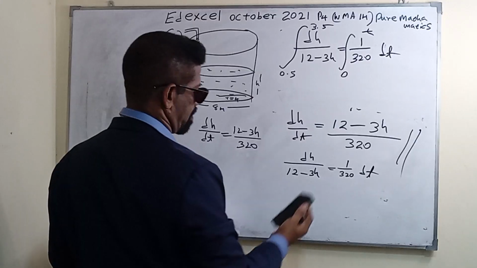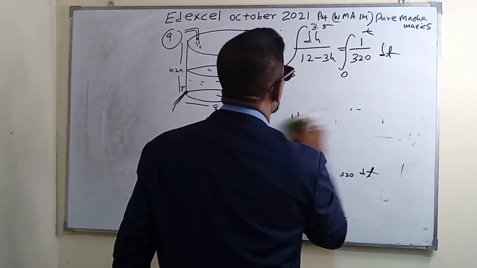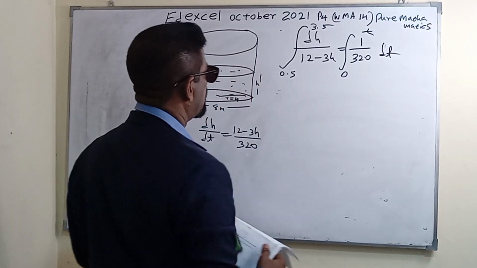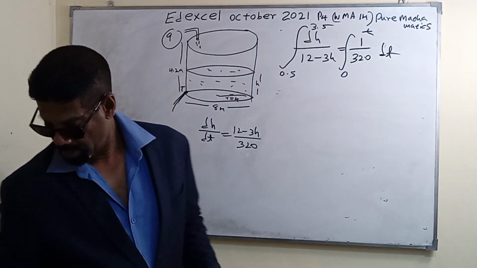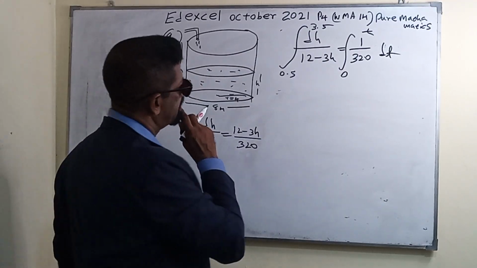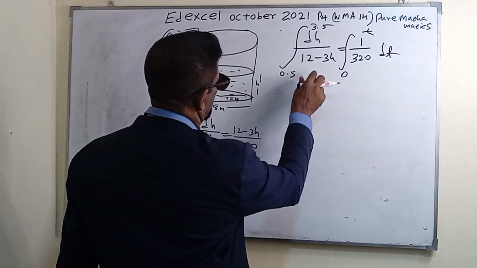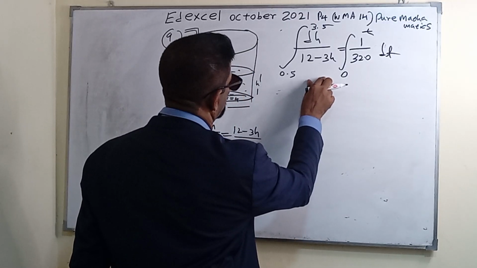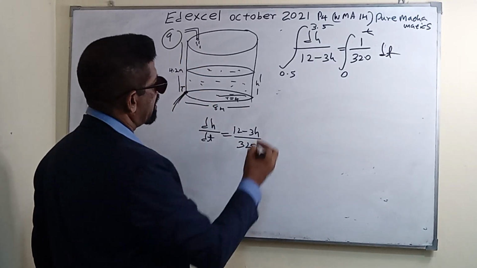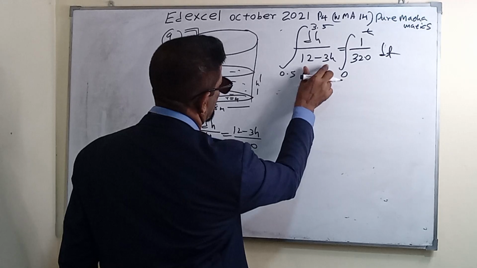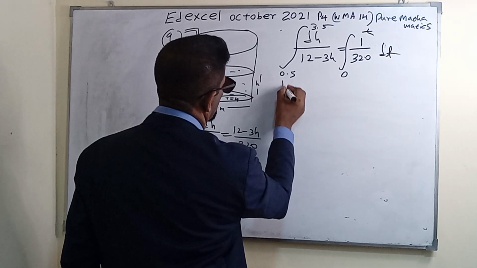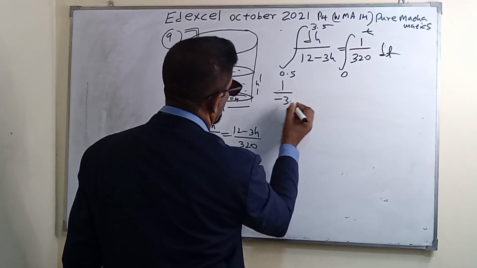Now you can arrange: the denominator's differentiation is in the numerator, so you can use the log. Differentiating the denominator 12 minus 3h gives minus 3, so you arrange 1 over minus 3.